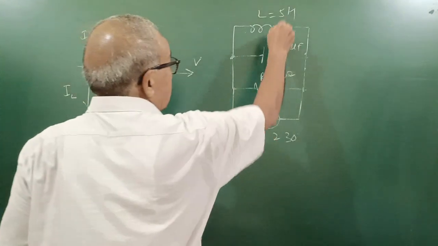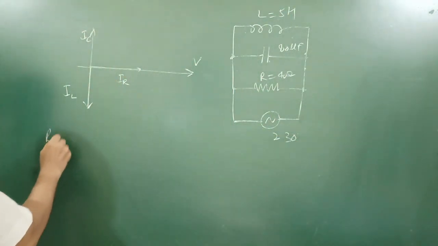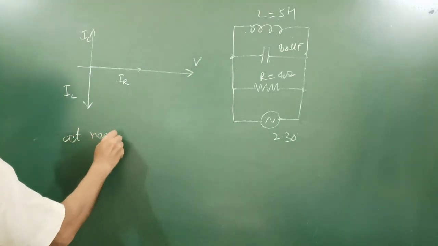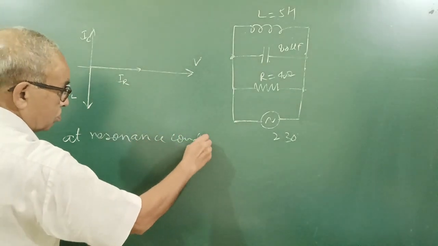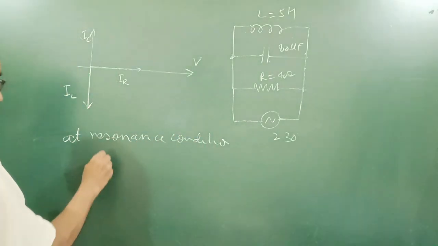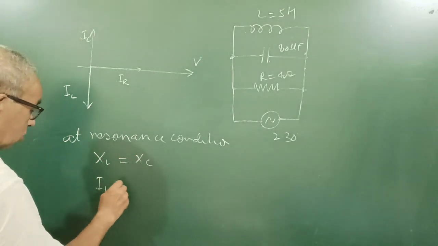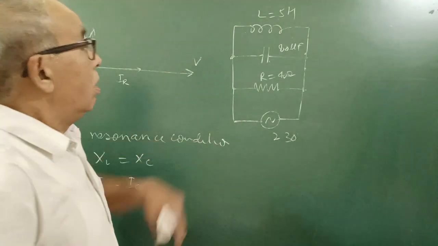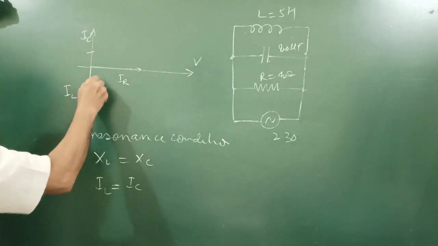Since XL equals XC for resonance frequency, at resonance condition XL is equal to XC, so IL is equal to IC. This means the current through the inductor and the current through the capacitor are equal and in opposite directions, so they cancel.